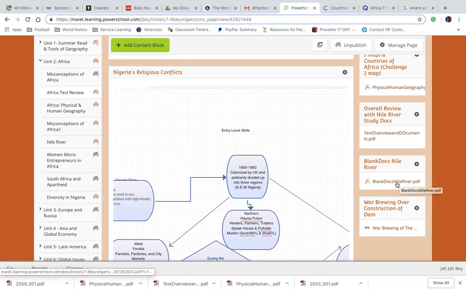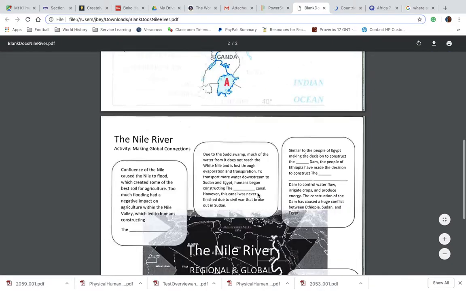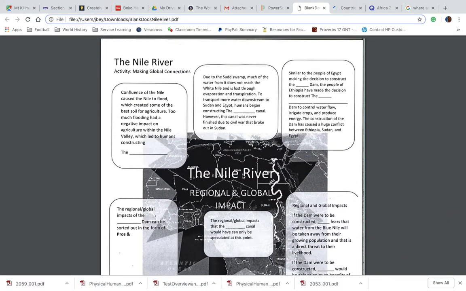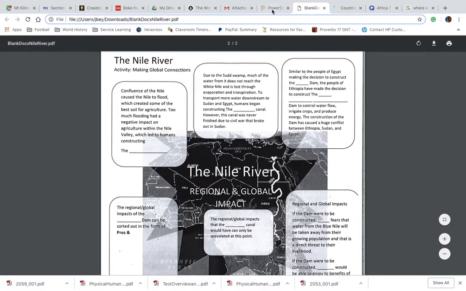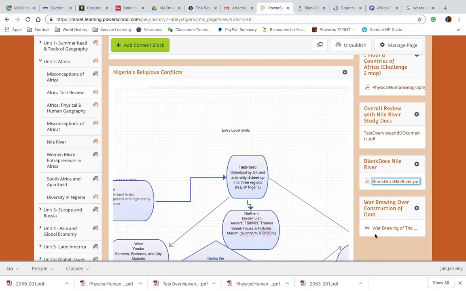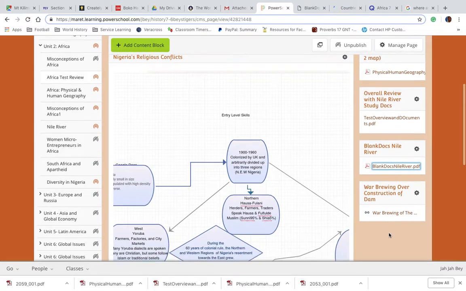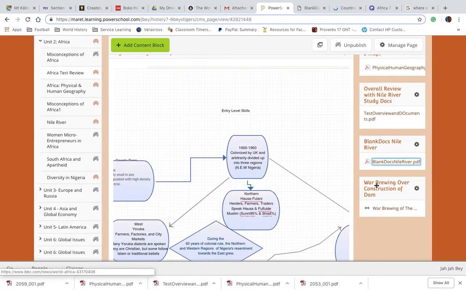To practice with the physical features and location of them, click on blank Nile River document, look at that, and then just practice labeling the physical features on the Nile and practice inserting this information to identify regional and global impacts. To read up on the major impact with the Nile River at the center in regards to the construction of the Aswan High Dam, simply click on the article and further your understanding that way.